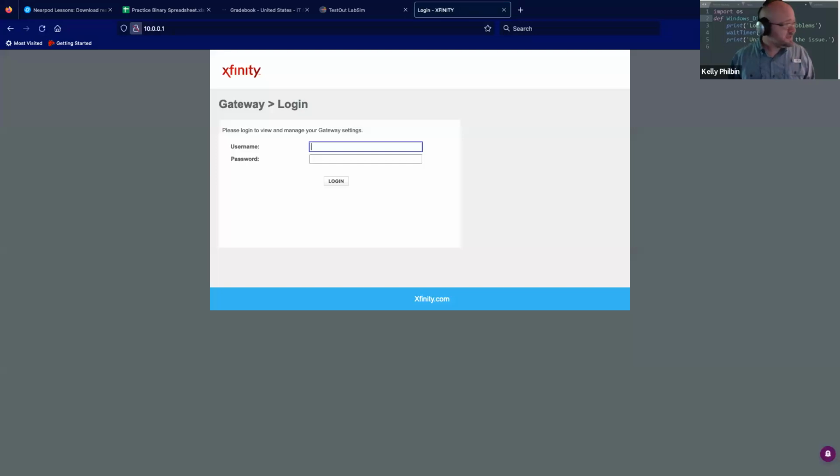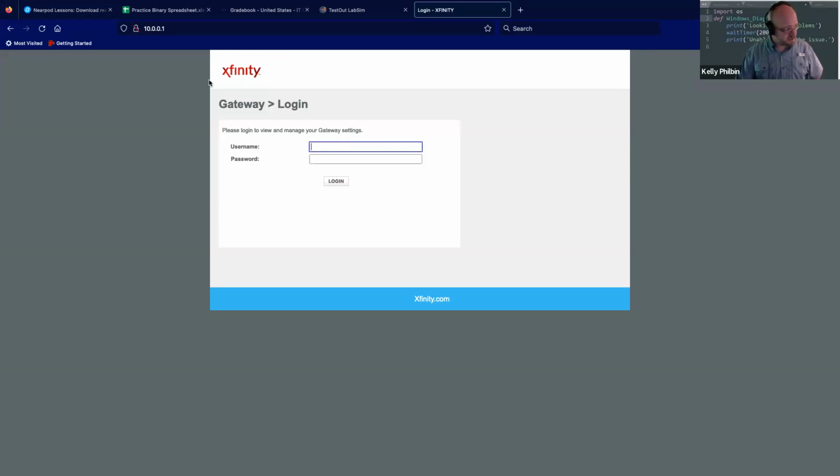Once I put in that IP address for my gateway, I should get a screen that looks like this. Then you would have your username and password, which you should be able to get based upon the type of router you have.